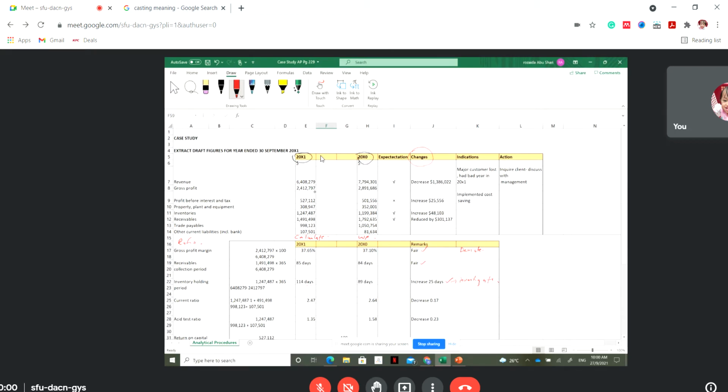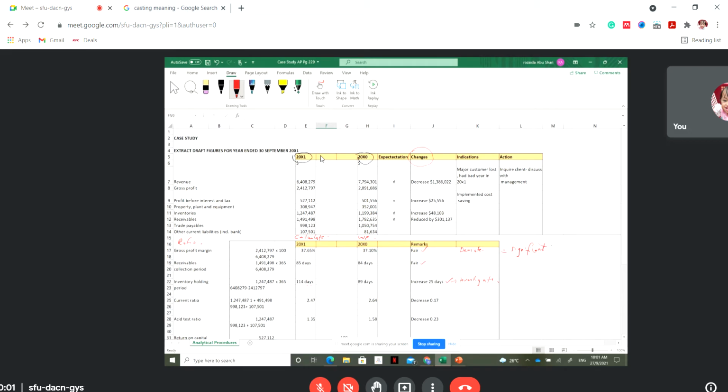The change is a decrease from 1,386 to 22. What did you expect? By how many percent did it increase? You expect a decrease in revenue where the amount is quite significant. You have to use the word significant.